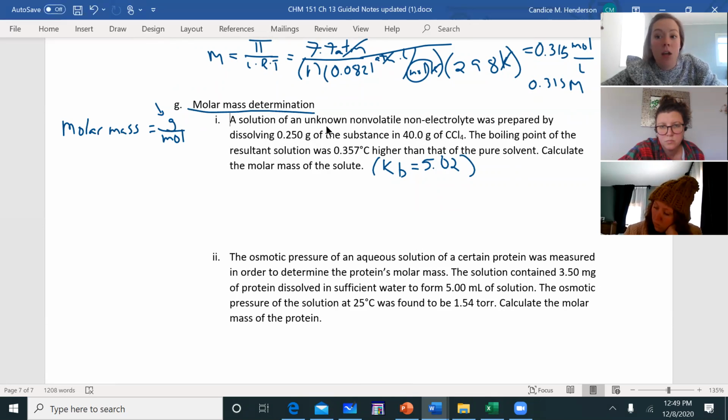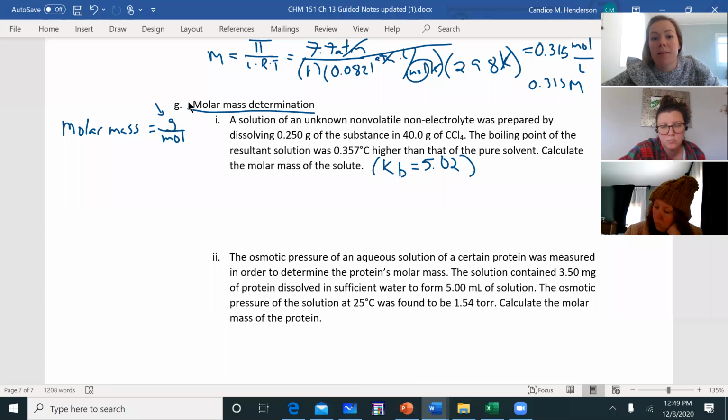So we've taken an unknown solute and dissolved it in 40 grams of the solvent. It tells us the boiling point of the resultant solution was 0.357 degrees Celsius higher than that of the pure solvent. Calculate the molar mass of the solute.